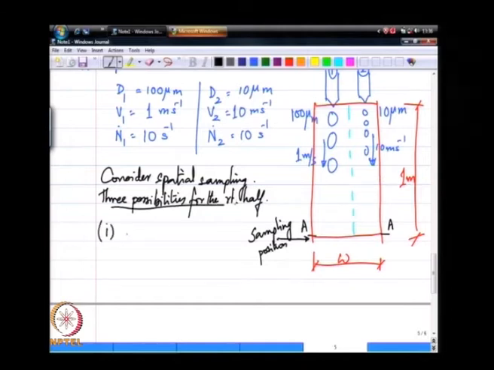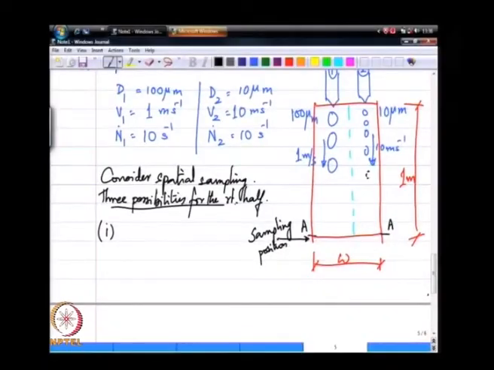Depending on whether I am, when I take the snapshot, I could have one drop somewhere in the middle of the frame like that, okay, and the time before the next drop is produced is further in the future compared to my frame, and the previous drop has already exited the domain.